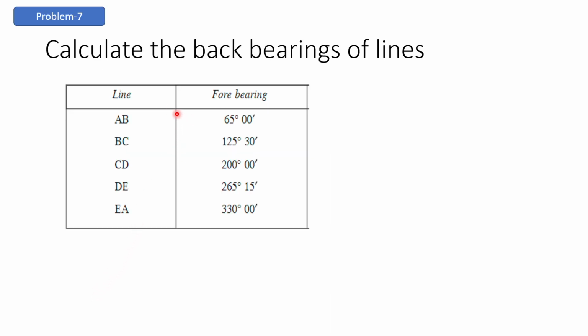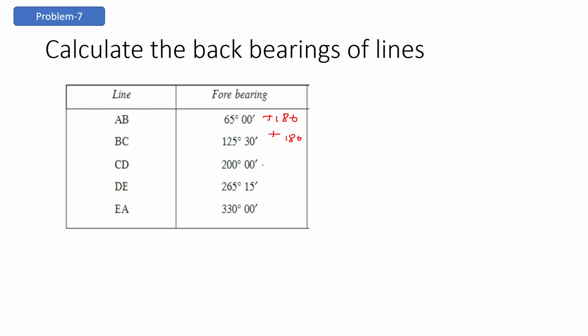Now calculate the back bearing of the line. Directly we have to use that formula. We have to find the back bearing of 65, so we will add 180. Here also we will add 180.